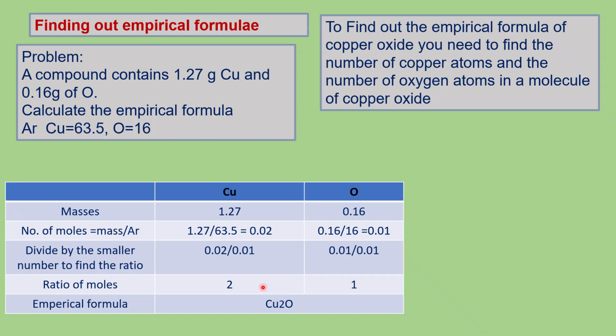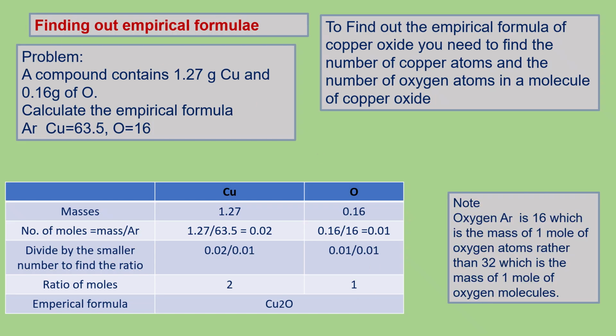So the ratio of copper atoms to oxygen atoms is 2 to 1. So I have 2 copper atoms and 1 oxygen atom. I put 2 next to the copper. This means that the empirical formula is Cu2O.